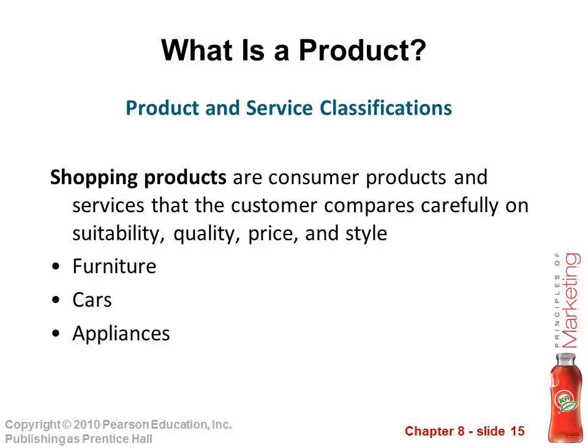The second classification is shopping products, which are consumer products and services that the consumer compares carefully on suitability, quality, price, and style, like furniture, cars, and appliances.